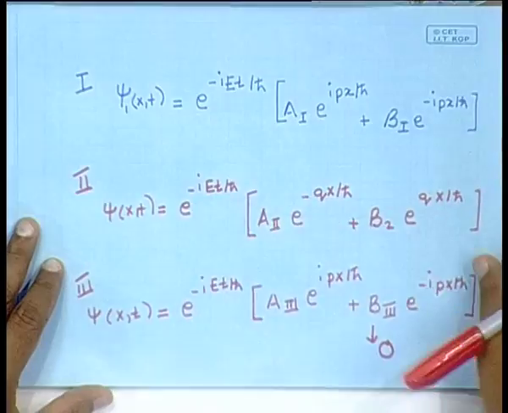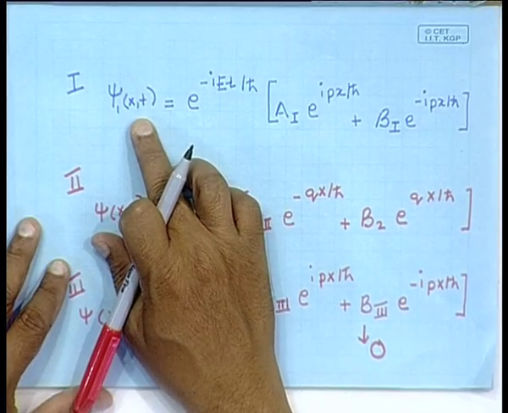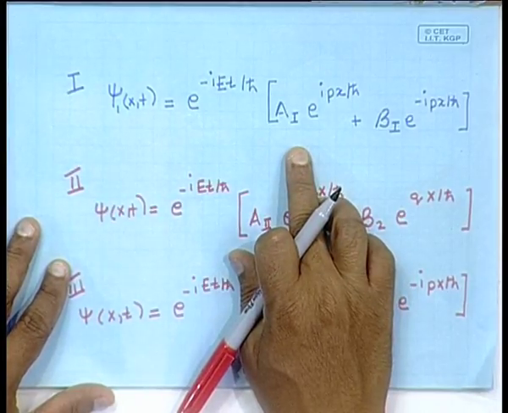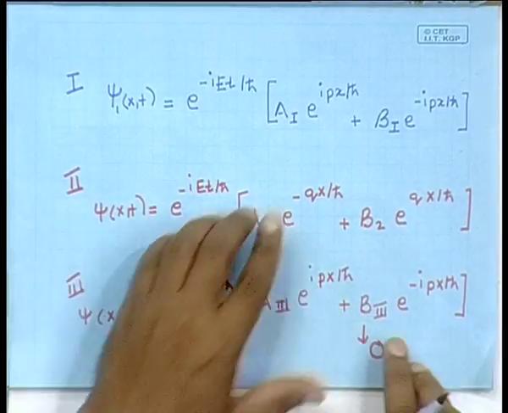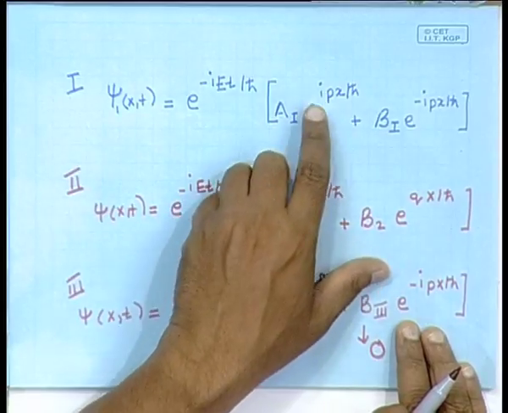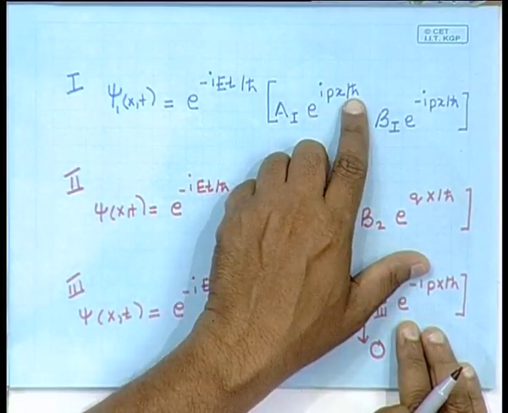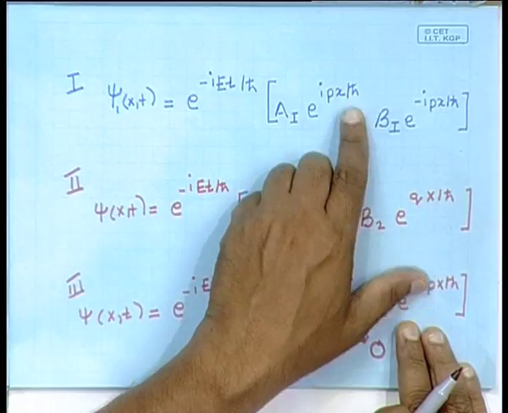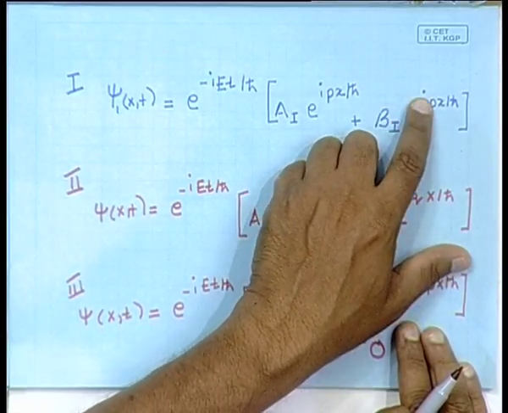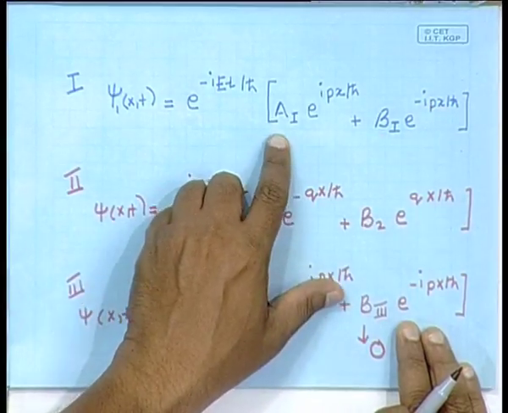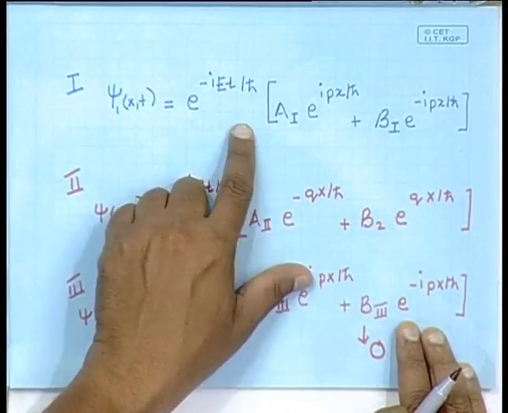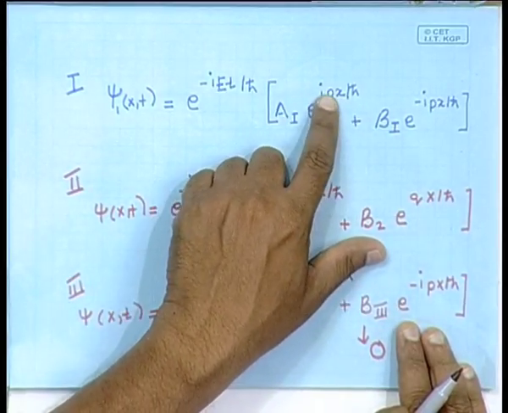Now, let us match the spatial derivatives of the wave function on the two sides. So, we have to take the wave function in region 1, calculate its spatial derivative and then set x equal to 0. The spatial derivative of this is the same function multiplied by i p divided by h cross. The spatial derivative of this is the same thing multiplied by minus i p divided by h cross. So, the spatial derivative of the total at x equal to 0 is going to be i p by h cross.